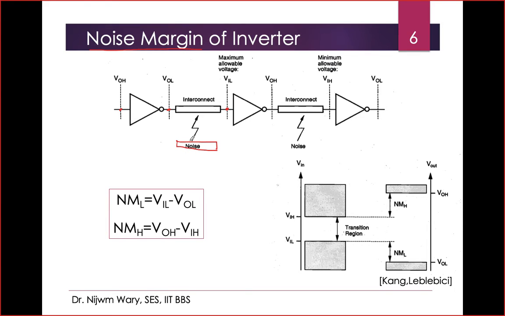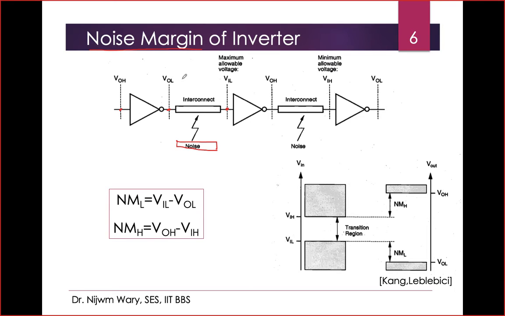If due to the coupling of noise, VOL plus the noise crosses VIL, then there will be an issue. However, even if the noise is coupled, if the overall VOL plus noise remains less than VIL, then we are okay.